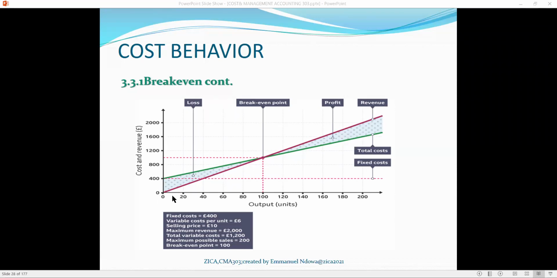The production then has an impact of covering the fixed costs and the variable costs. So that's the reason why you are making some profits.